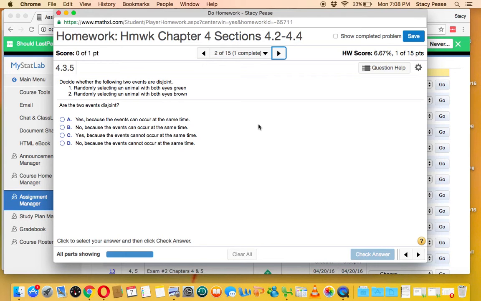Now let's read through the question and see whether we can apply what we just said to get our answer. We need to decide whether the following two events are disjoint, meaning that they can't occur at the same time: randomly selecting an animal with both eyes green and randomly selecting an animal with both eyes brown.